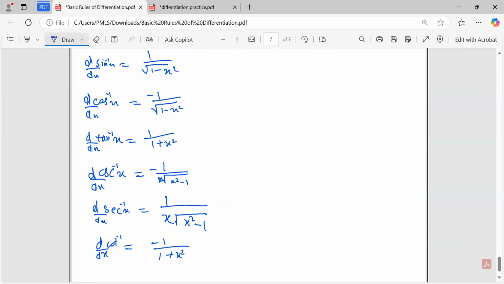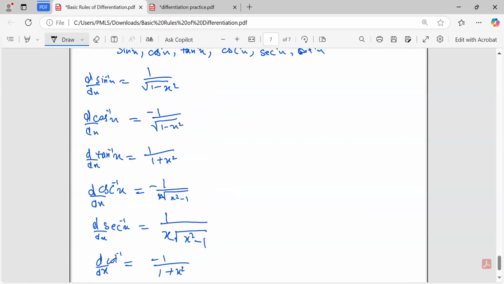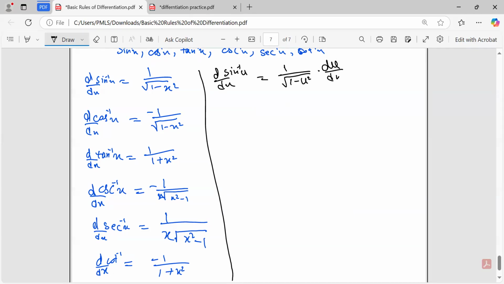This is very simple for x, but if you have something other than x, like d by dx of sine inverse u, that will be equal to 1 over the square root of 1 minus u square times du by dx. Obviously this is multiplied here. So u will be any function.